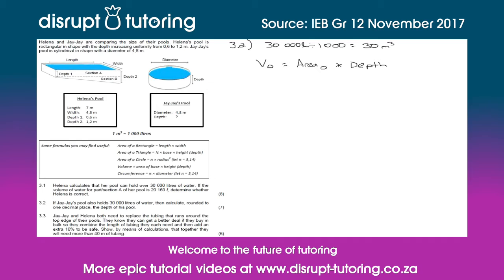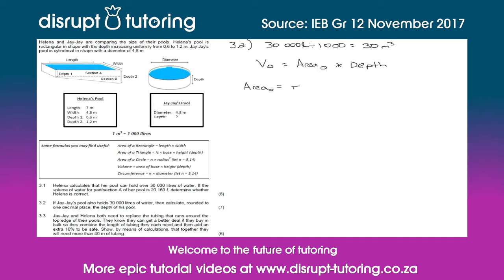So we know that the volume is 30 meters cubed. So we already got the volume. We can work out what the area is, and then we can solve for the depth, which is what the question's asking us.